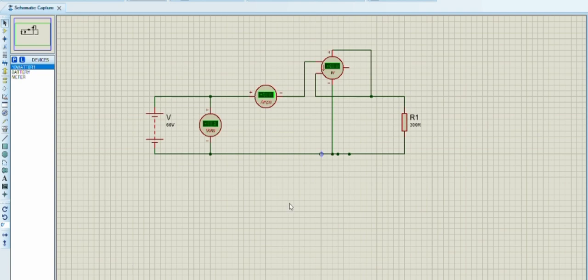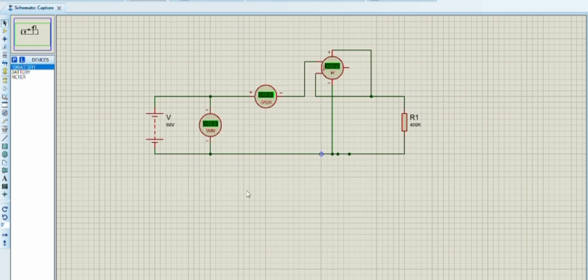We stop the program, and then we change the value to 400 ohm. Then we run the program, and we can get the answer for R equal to 400 ohm.